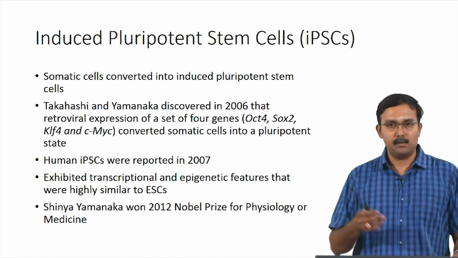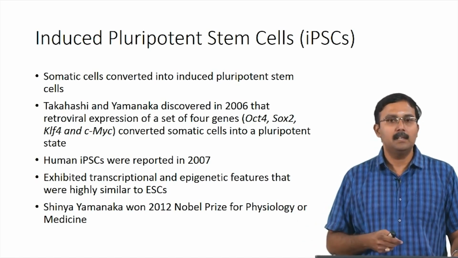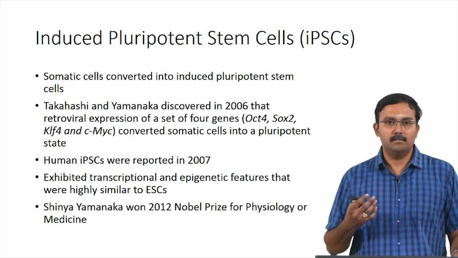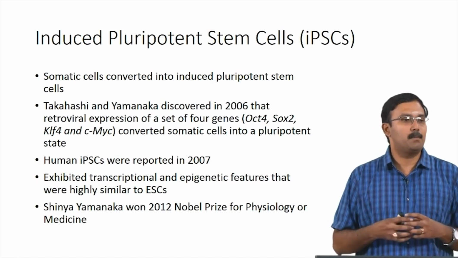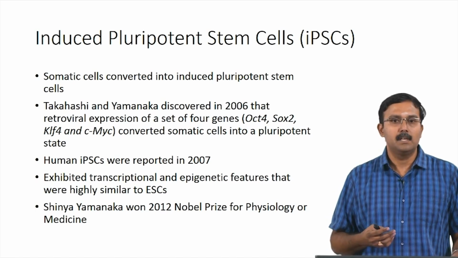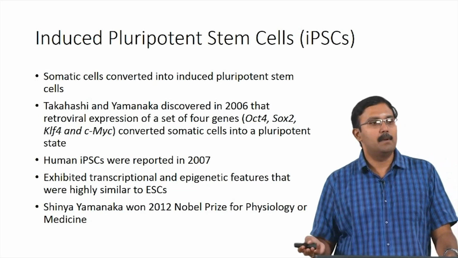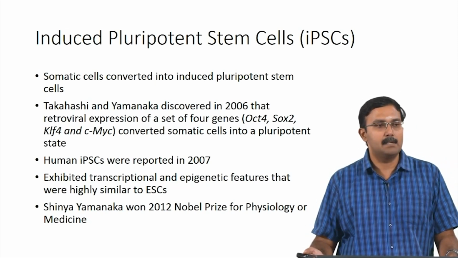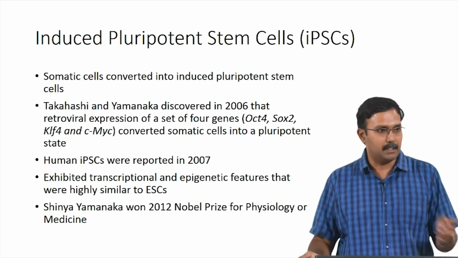Human iPSCs were then reported a year later. These cells have very similar properties to embryonic stem cells. Yamanaka won the Nobel Prize in 2012 for physiology and medicine for this discovery.